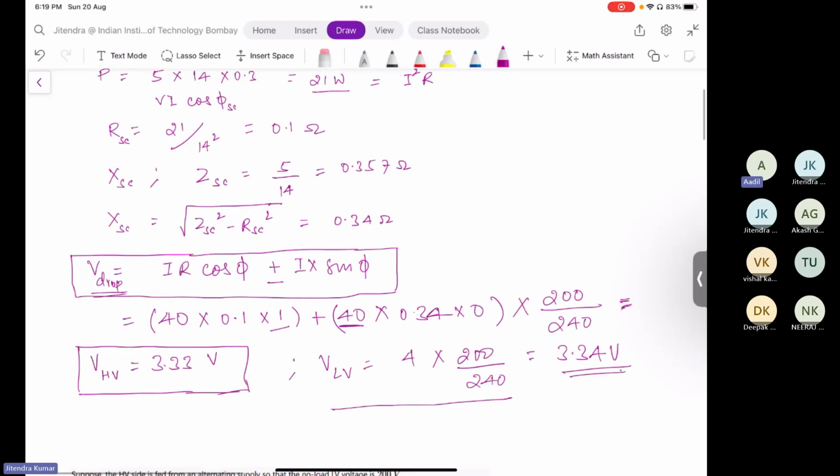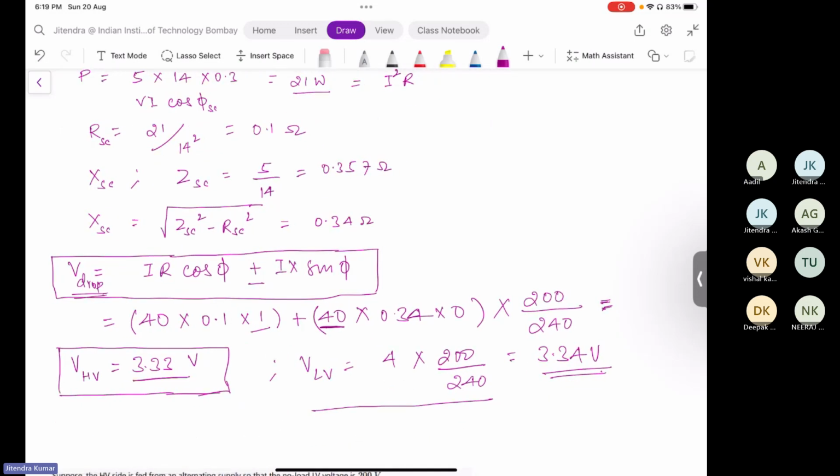So this is the 3.33 volt we have computed, and now in the place of 4, if you write 3.33, you will get 2.77 volt. So this will be your final answer.